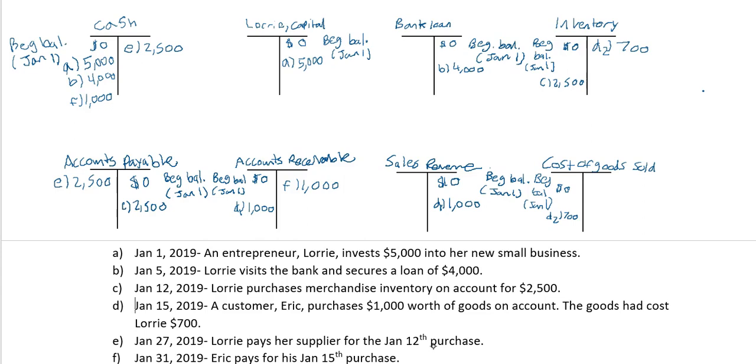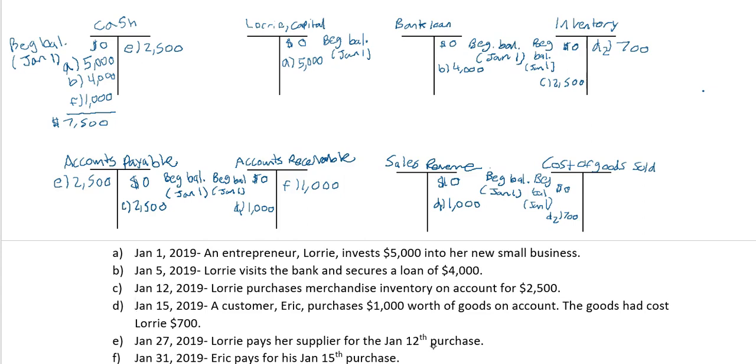So starting with cash, which is probably going to be the trickiest one of the lot, we have 5,000, 4,000, 1,000. Our debits add up to 1,000. We have a credit of 2,500. So that 2,500 goes against the debit balances. So we end up having a net debit balance of 7,500.